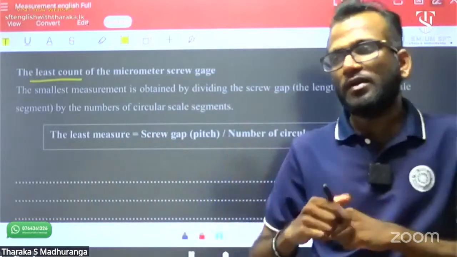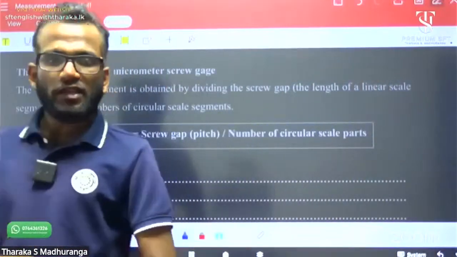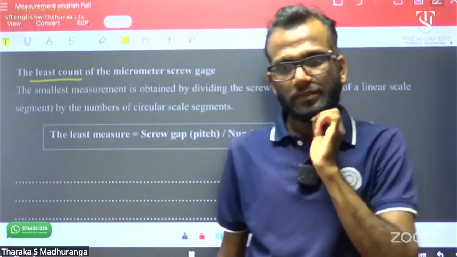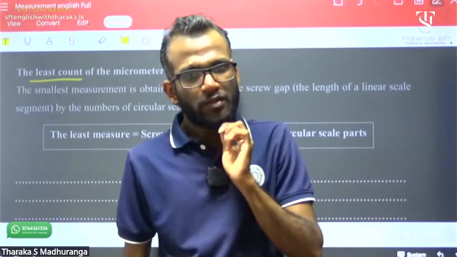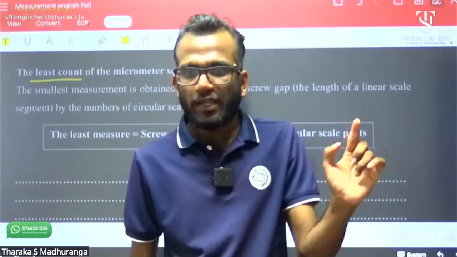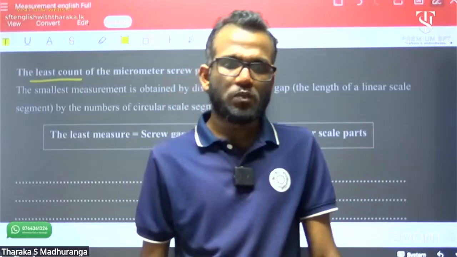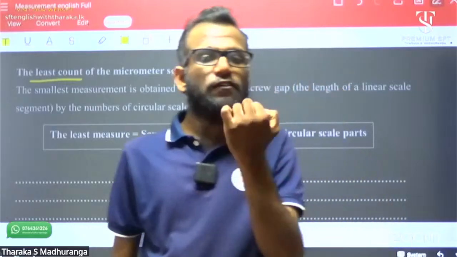Do we remember how to calculate the least count of a vernier caliper? I gave an equation. What is the equation?